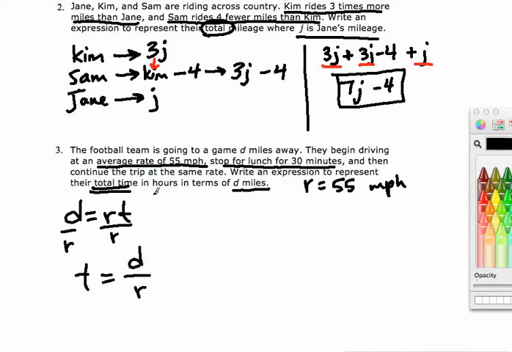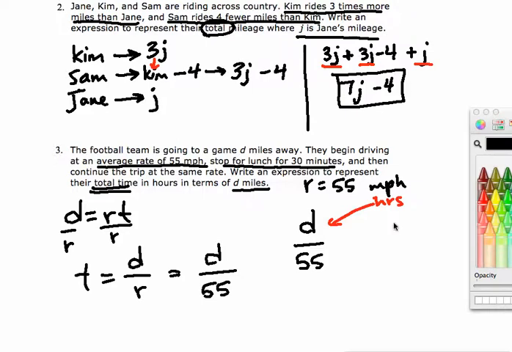We know that the total time is going to be the amount that's spent traveling plus the amount that we spent for lunch. So the amount that's spent traveling is going to be D miles over our rate, which is 55. That's the amount spent traveling without the lunch break. So D over 55, and that is in hours.